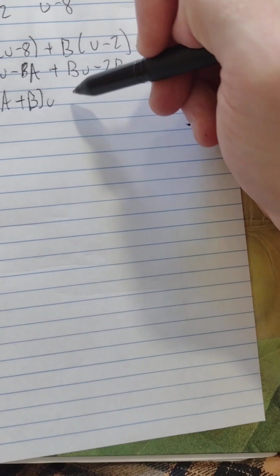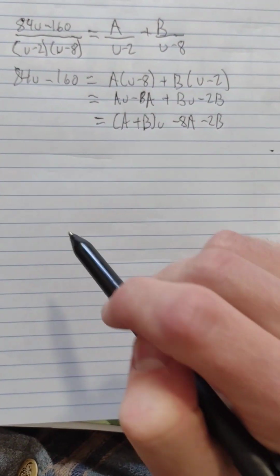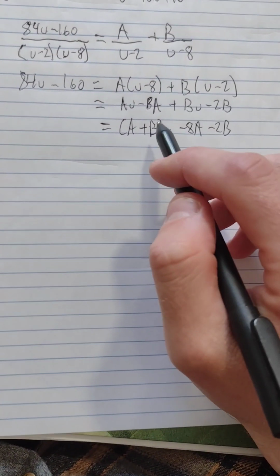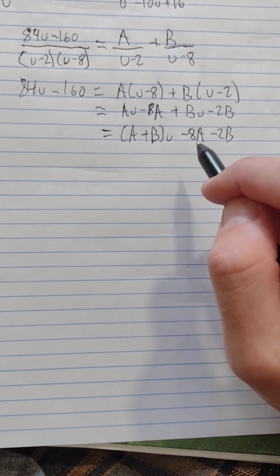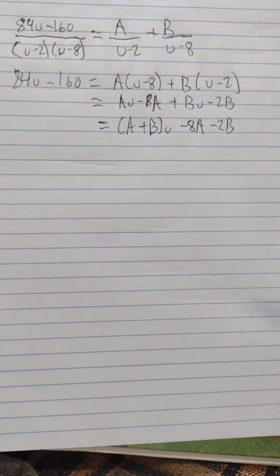And then combining like factors, we're going to have a plus b times u, and we're going to have minus 8a minus 2b. So a plus b is going to need to equal 84, and then negative 8a minus 2b is going to need to equal negative 160.